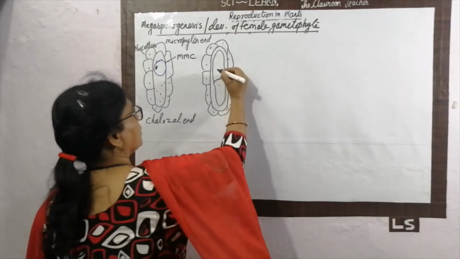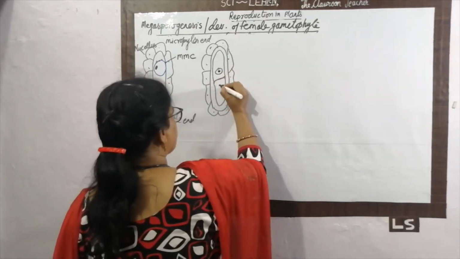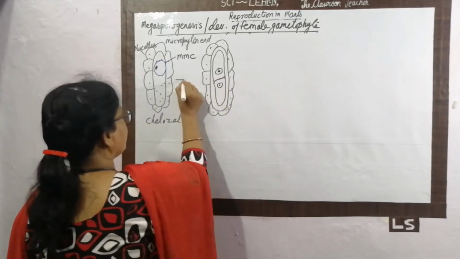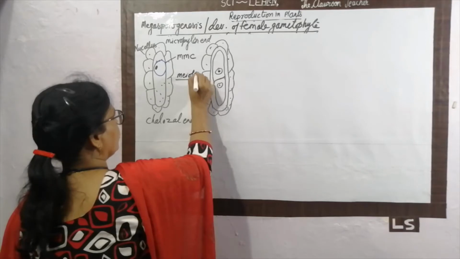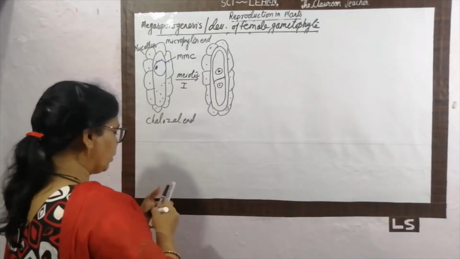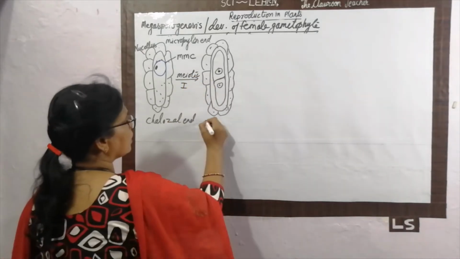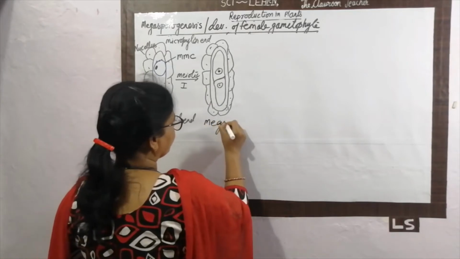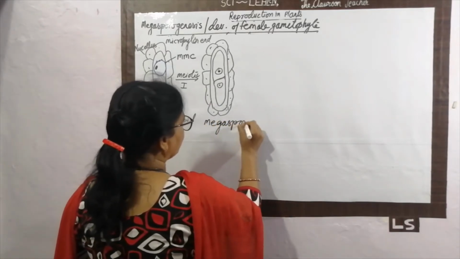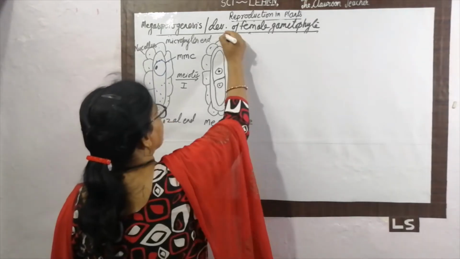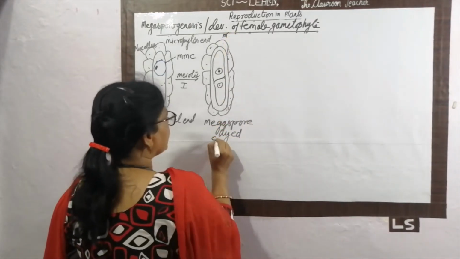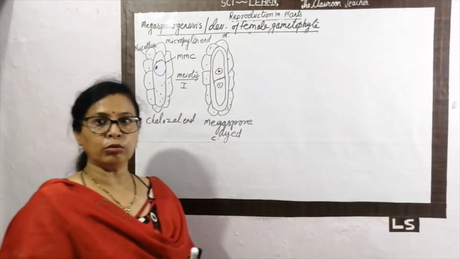From one cell, 2 cells are formed. This is because of meiosis 1, and we call it the megaspore dyad. Must remember, this is the micropylar end and this is the chalazal end that you have to mention.